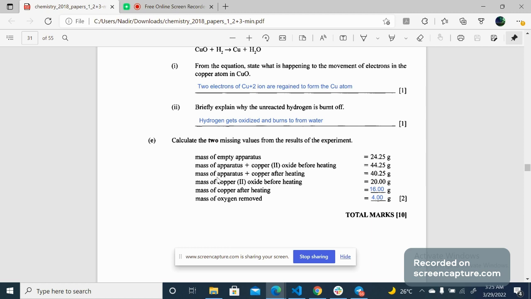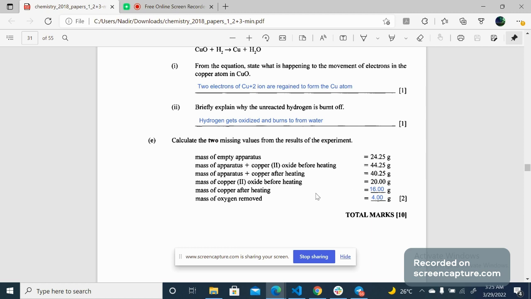So after this compound gets heated, it turns into copper, and the mass of this copper on the same apparatus is now 4 grams less.